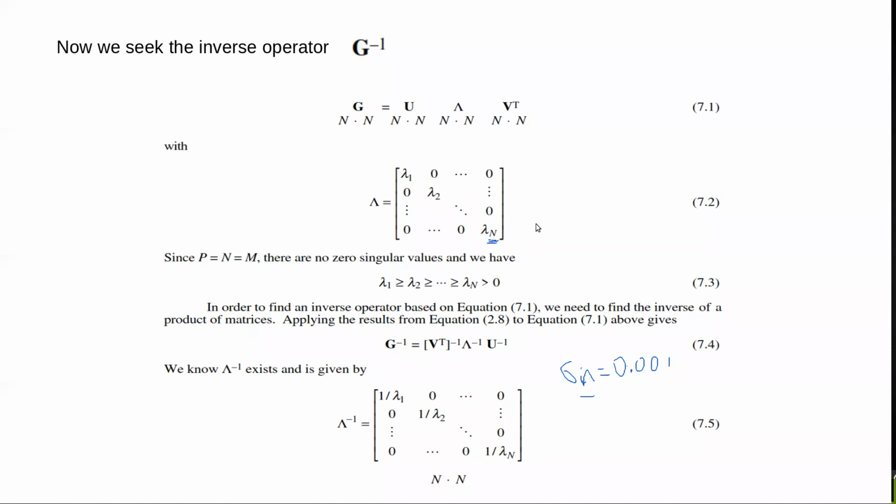Now, what it means is that if we find the inverse, which is the reciprocal of 0.001, this value is going to be very, very huge, because it's just divided by a very small number.